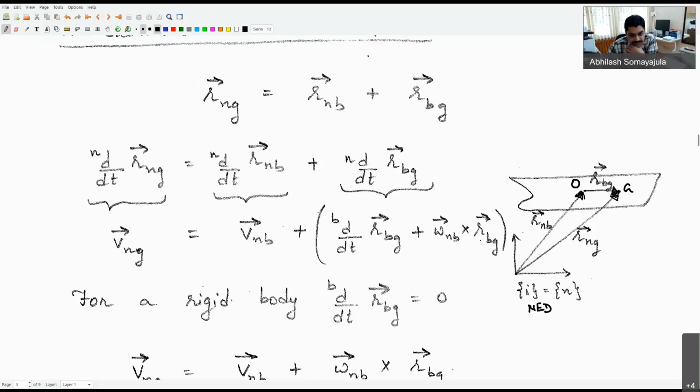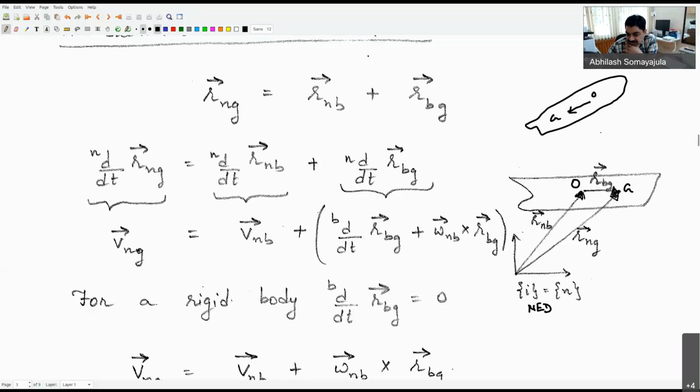Now we know that in the body fixed frame, the position vector r, b to g really does not change, right? Because no matter how the ship will rotate, the r, b to g will always be not changing with time, because as the body moves, the body fixed frame also moves with it, so the relative location of g with respect to O does not change.